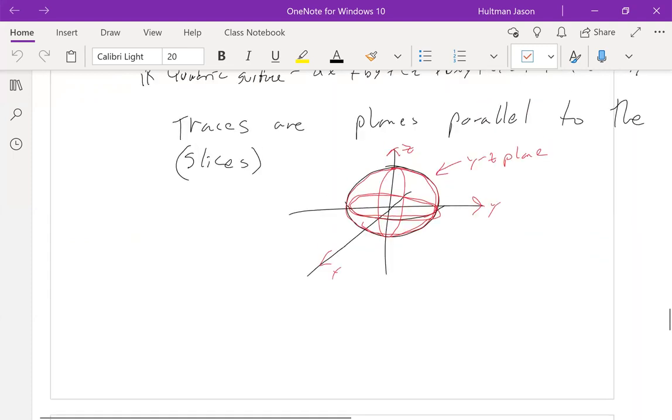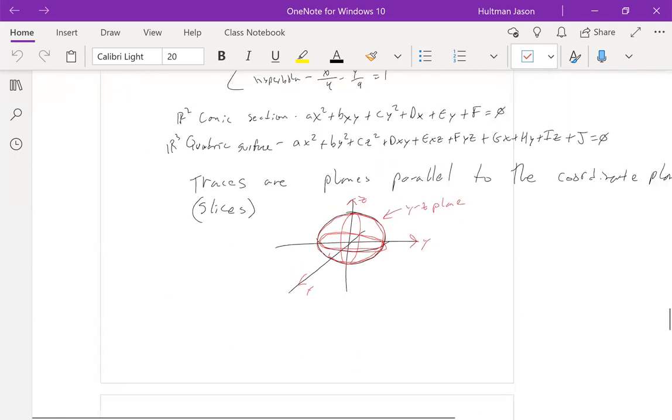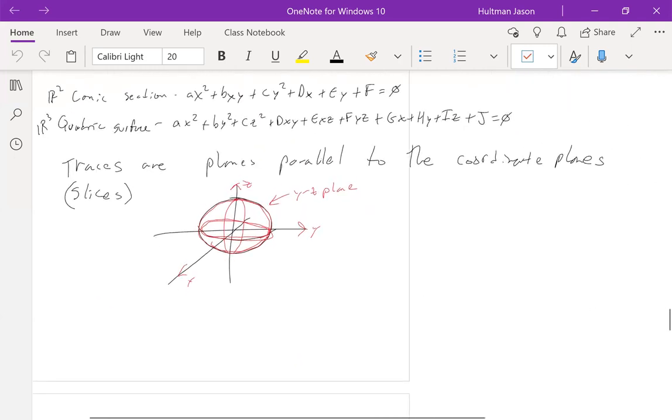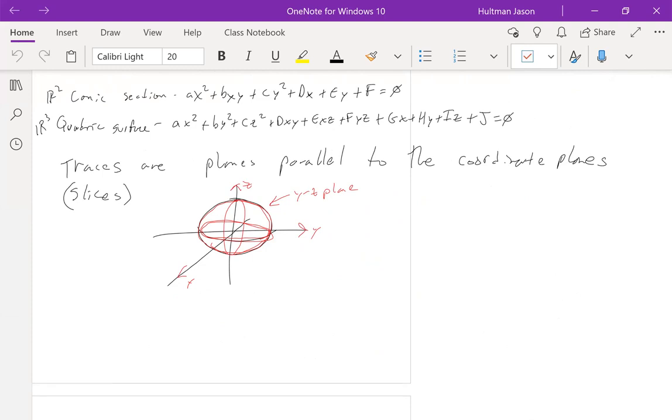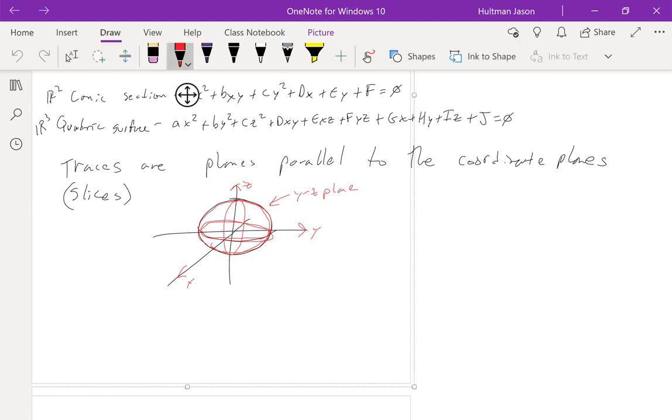Okay, here we go. Traces are planes parallel to the coordinate planes. So the idea is, let's do an example with this. Let's sketch. I don't know what number we're on at this point, I'm just going to throw up a 3. Who knows? Use traces.